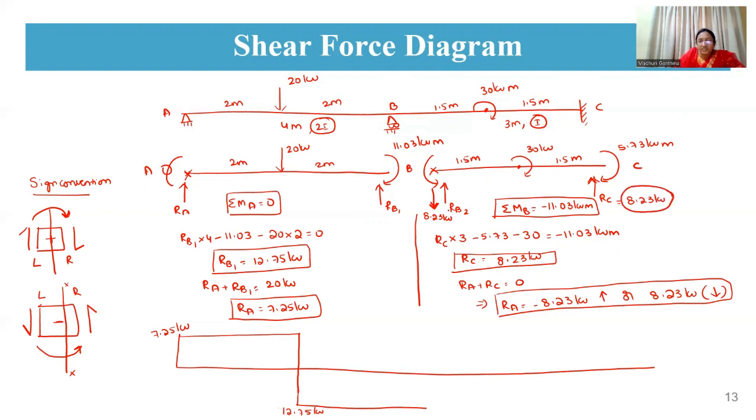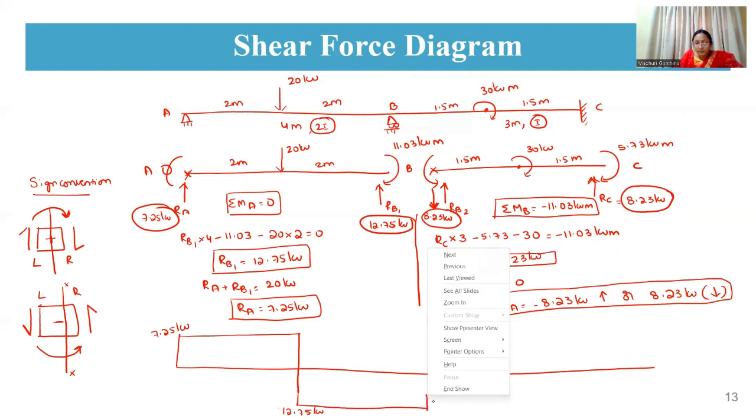Okay, so reactions I'm just rounding off. RB1 is 12.75 kilonewton and RA is 7.25 kilonewton, right? So now it is in anti-clockwise direction. So therefore it is of negative value only.